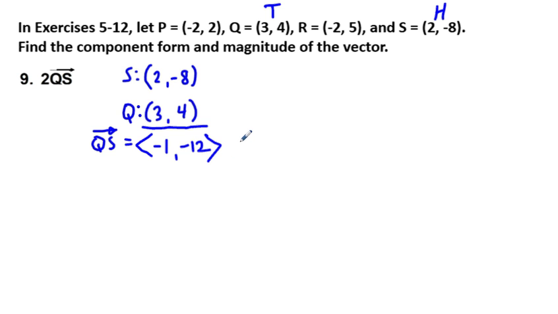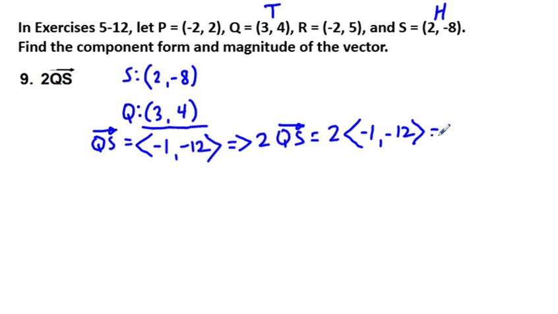And so what we have here is 2QS is equal to 2 times, taking 2 outside and multiplying times the vector -1, -12.